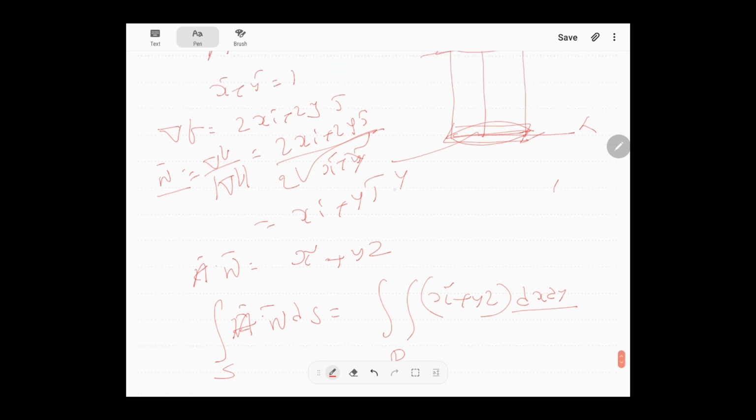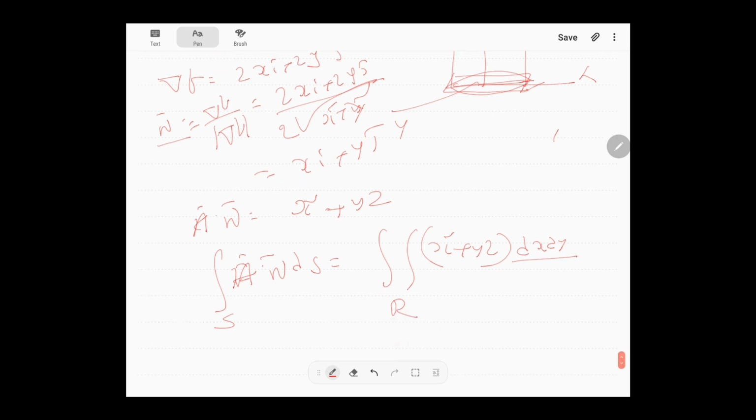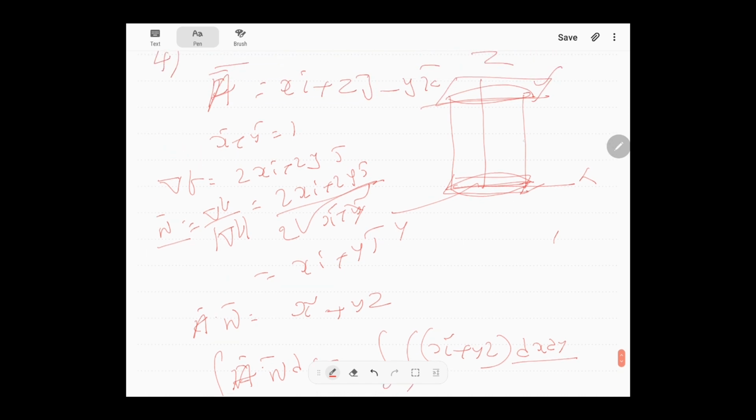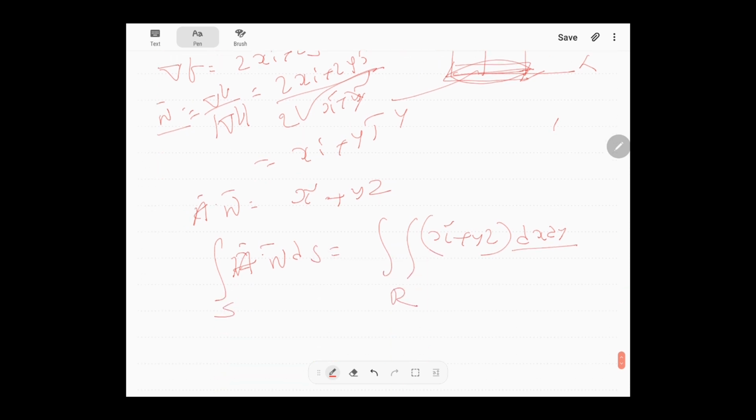But here I don't have any k bar, so I cannot take the projection using n bar dot k bar. Therefore, I will take the projection on the xz plane. If I take the projection on the xz plane, dx dz by n bar dot k bar, sorry, n bar dot j bar.